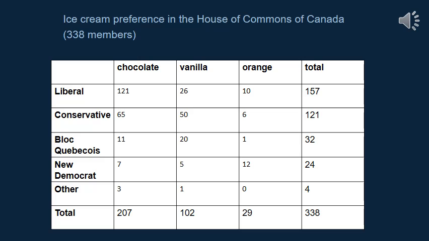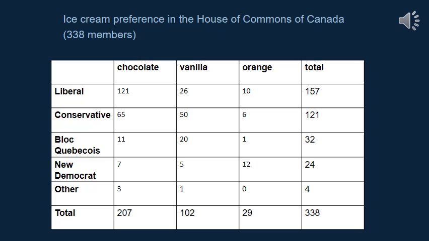And if I look at my totals for these two columns, it's 207 and 102. I would expect more chocolate and less vanilla for conservatives. So there's something going on here again with conservative MPs, who seem to like vanilla ice cream a lot.